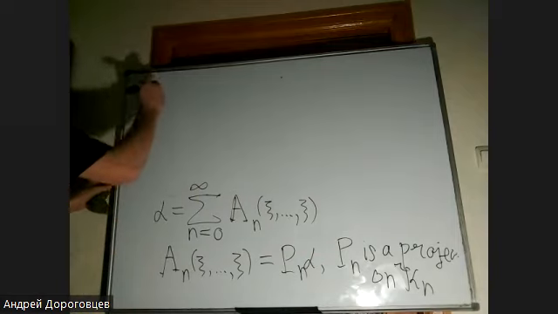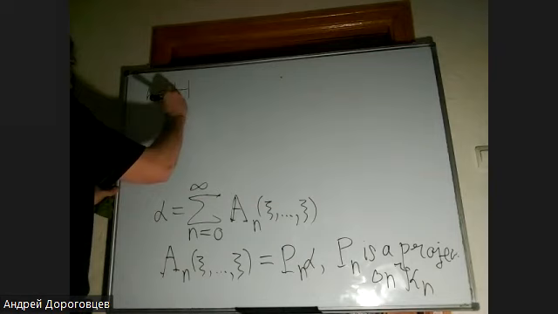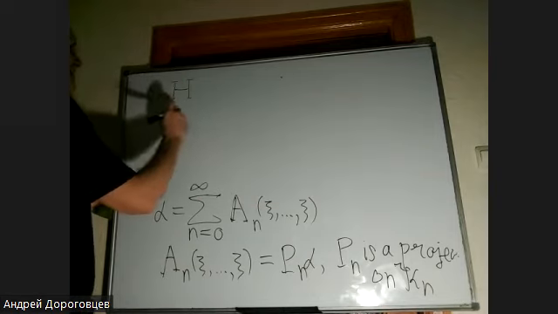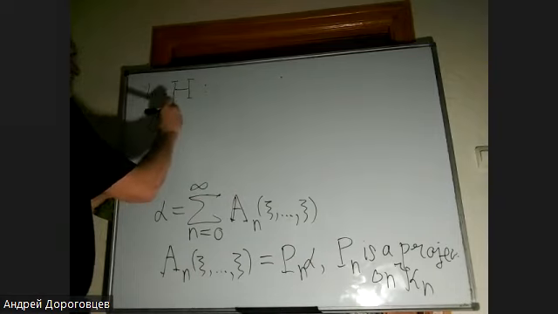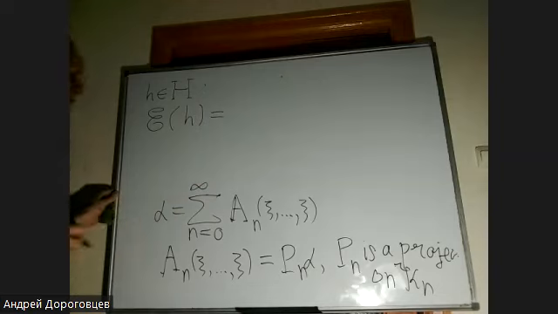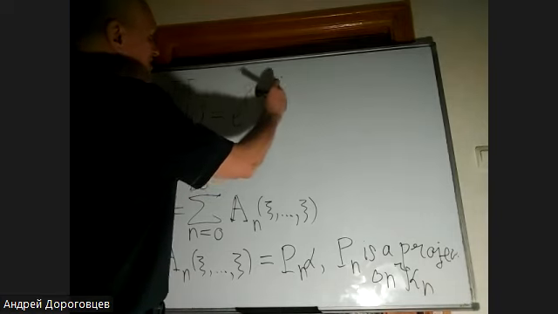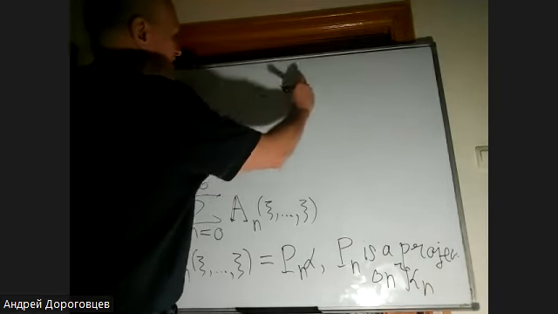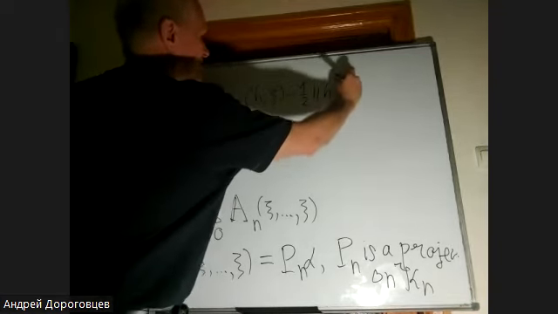So if h is an element of our Hilbert space, let us define the corresponding stochastic exponent of h as follows. It is equal to exp of h xi minus 1/2 of the norm of h squared.